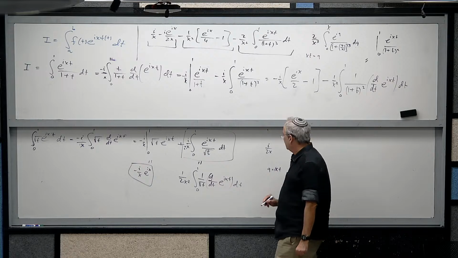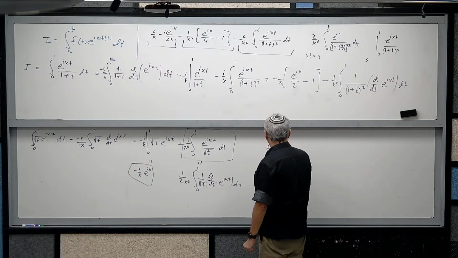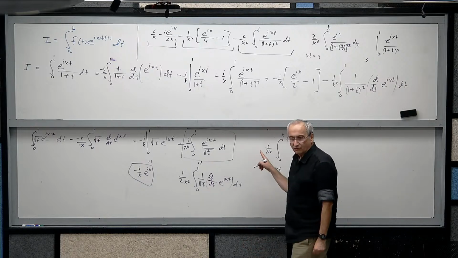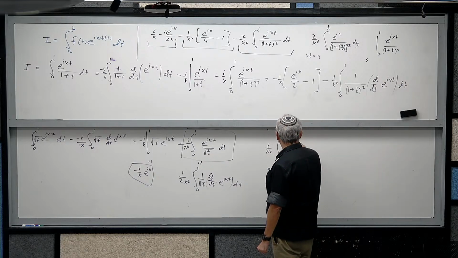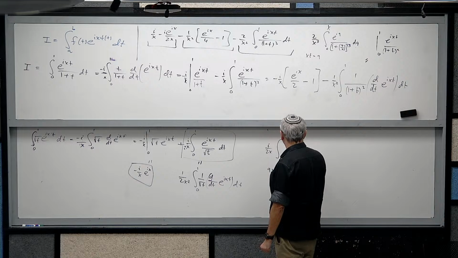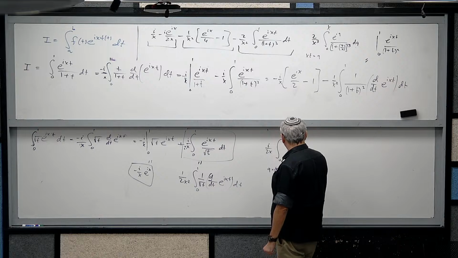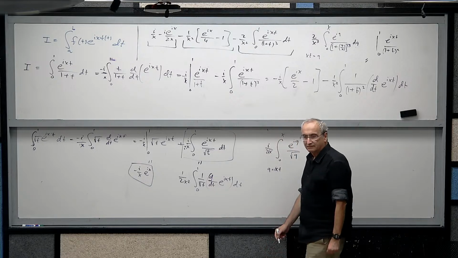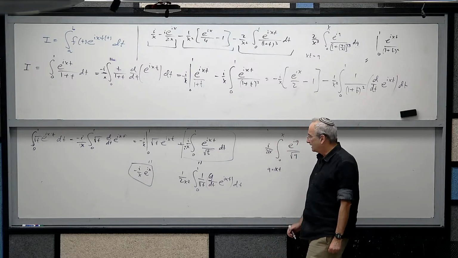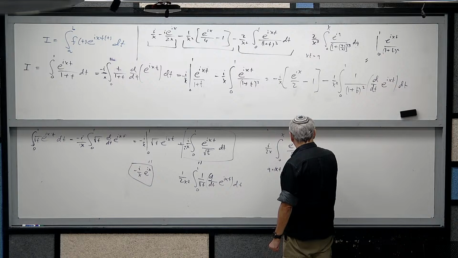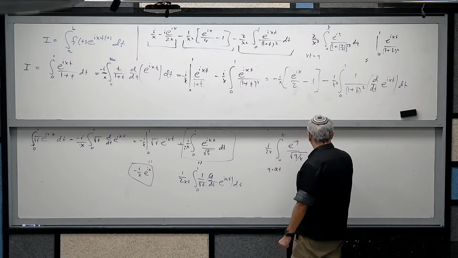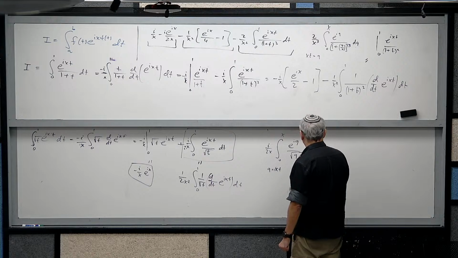And what I will have here is an integral from 0 to x of e to the iq divided by square root of q over x, with dq divided by x.